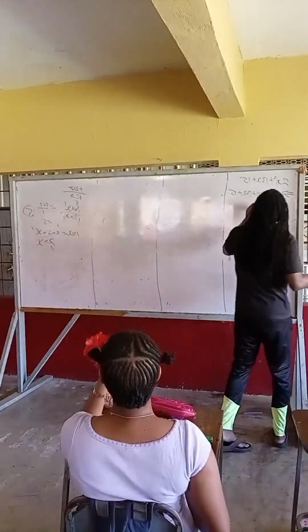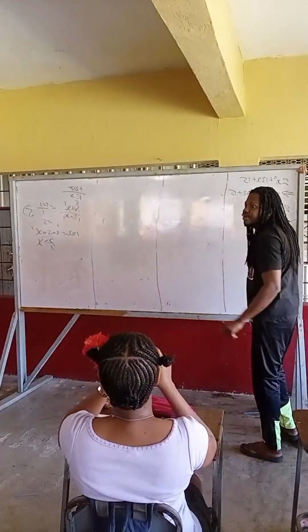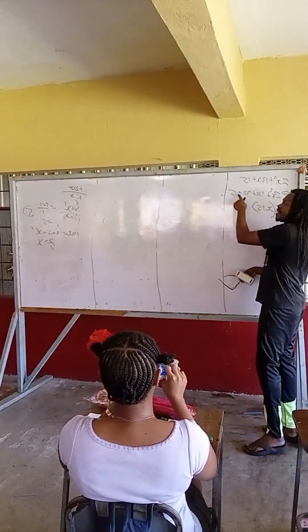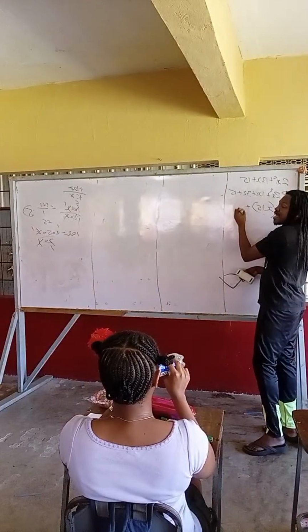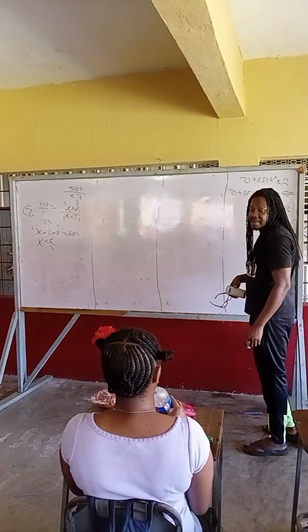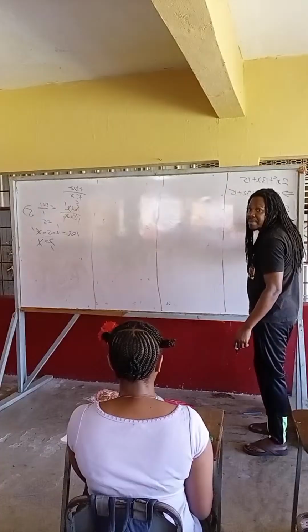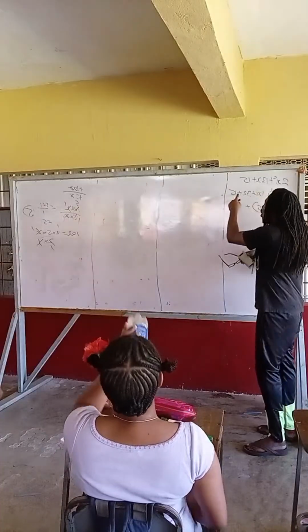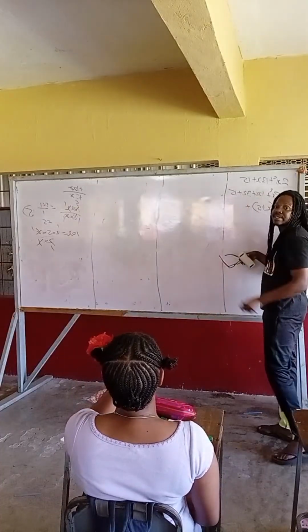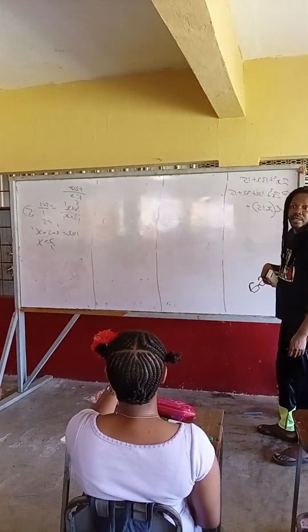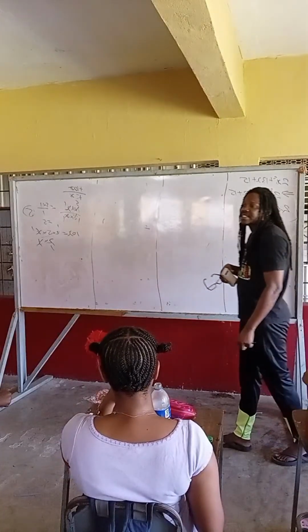So what kind of 5 am I going to get? I look at my signs: I have positive 5 and this is a positive, so I know I want a plus sign right there, to maintain the positive. If this was a minus, we'd put a negative sign. When multiplying and dividing, if the signs are the same, what's the result?